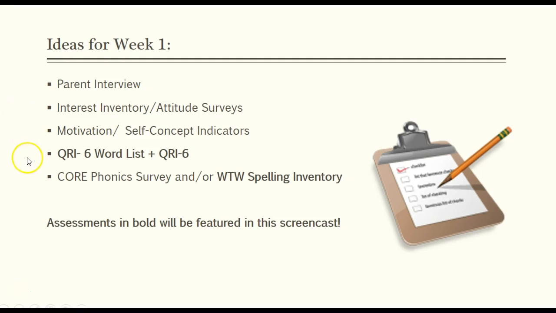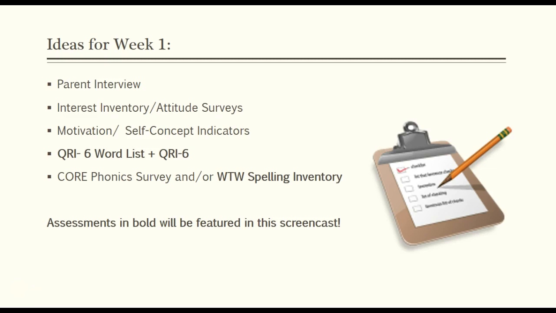And then QRI 6 word list should be given so that you can prepare the passages either for session 2 or beyond. And you might even decide to start the QRI 6 passages. You could do the core phonics survey if that would be appropriate for your student's grade and developmental level.